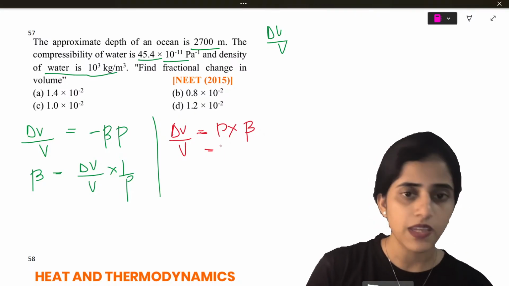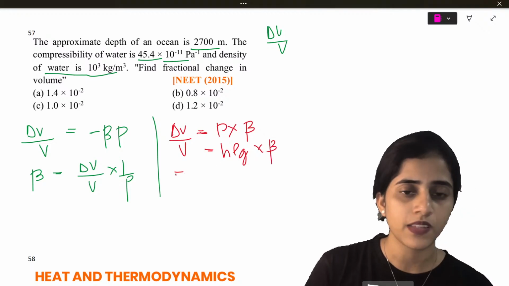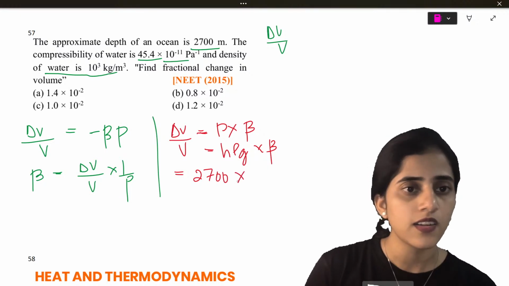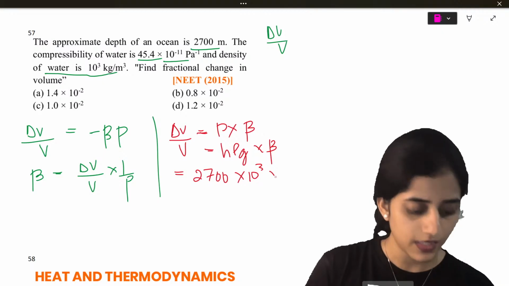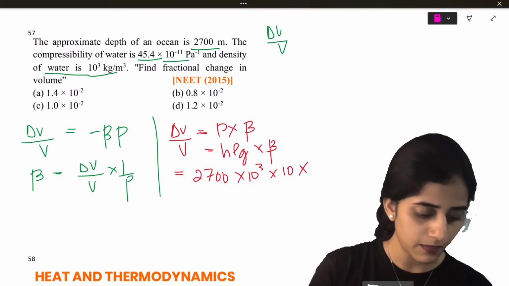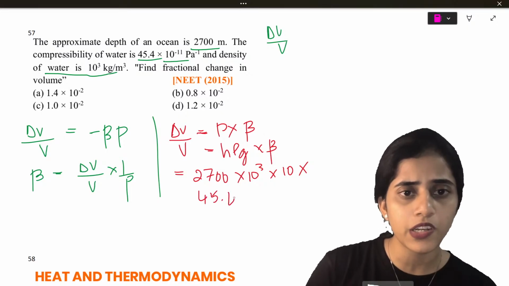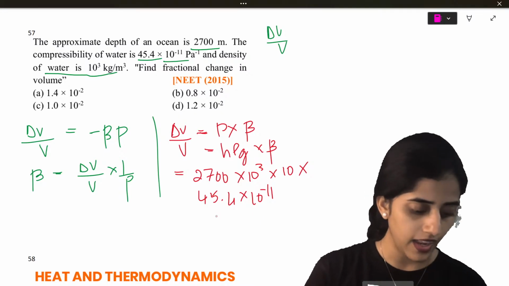What is P? P is pressure, which is H rho G into beta. So H is how much? 2700. Density is how much? 10 raised to 3. Gravity is 10. And beta is how much? 45.4 into 10 raised to minus 11.